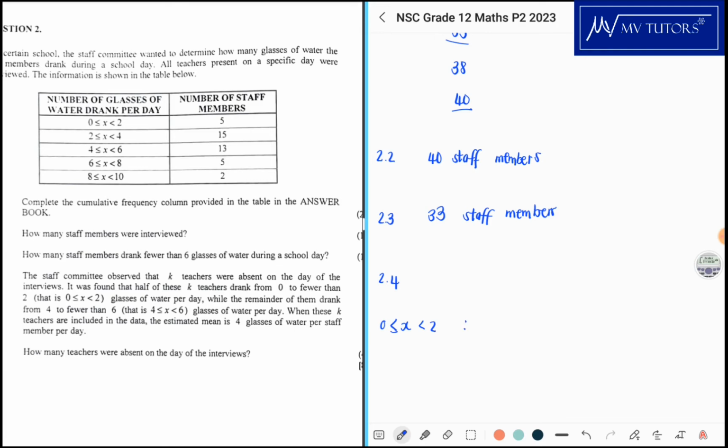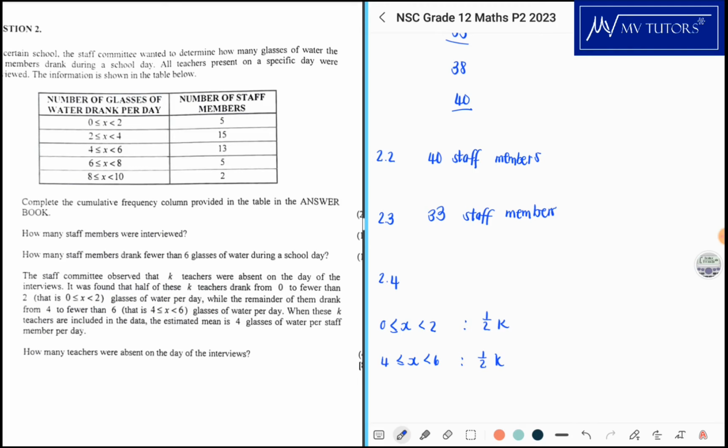So in this region, half of these K teachers, while the remainder of them drank from 4 to fewer than 6. Okay, so 4 to fewer than 6, that's the rest of them, which is the other half. Glasses of water per day.